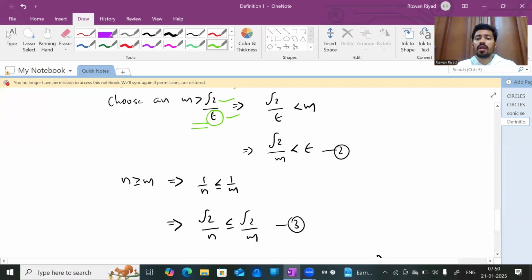Now if you have any positive real number, you can always find a positive integer greater than that one, right? Suppose you have the real number 10,000.1204. You can find a positive integer greater than that, 10,001. Suppose you have the positive real number 1,25,000.12730.